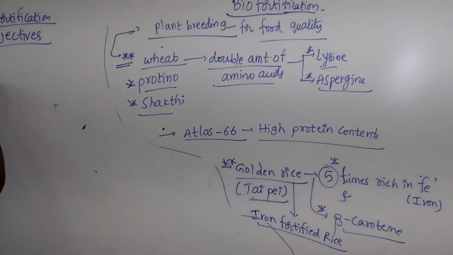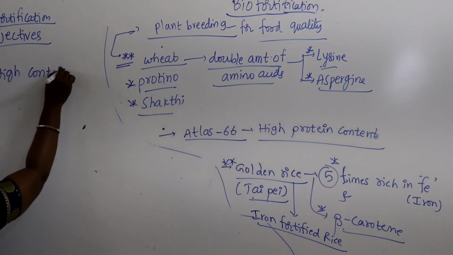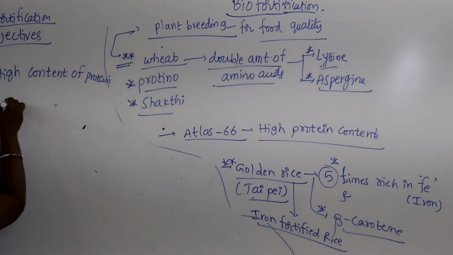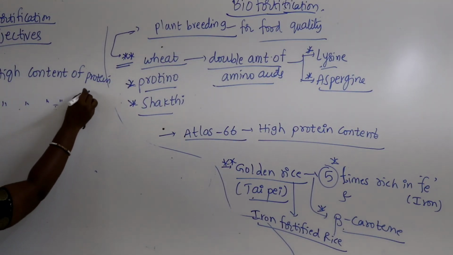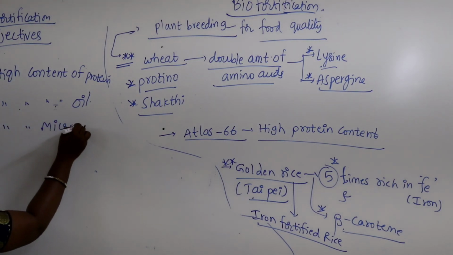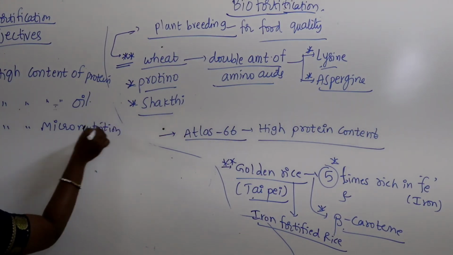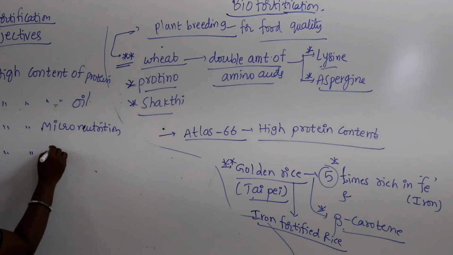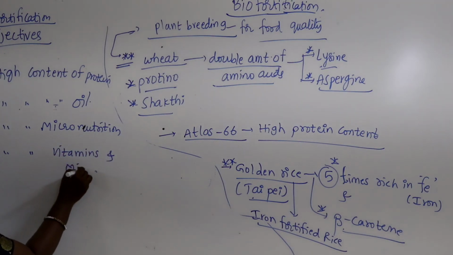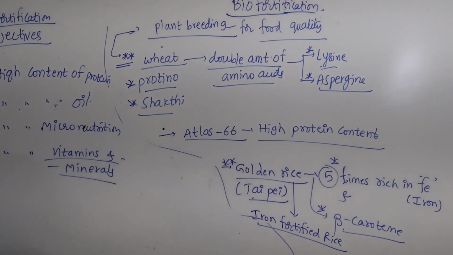So we aim for high content of protein, and my food needs to have high content of oil, high content of micronutrients, or you can write high content of vitamins and other minerals which are very much needed for human metabolism.